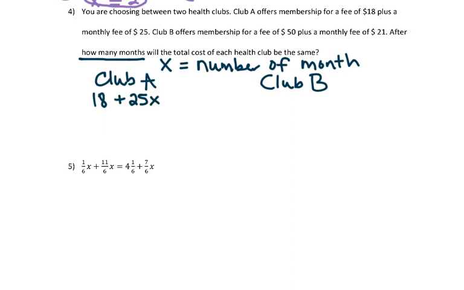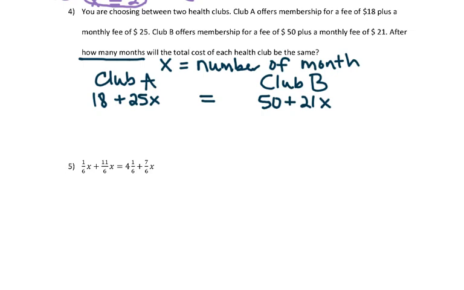So that's my expression for Club A. Club B, if we go over to Club B, we have to pay $50 just to join, and then we have to pay $21 every month. So that's plus 21x. And we want to know when they will be the same. Equal means the same. So now I have my equation that I'm going to solve.